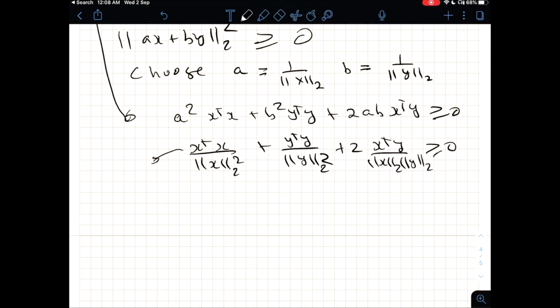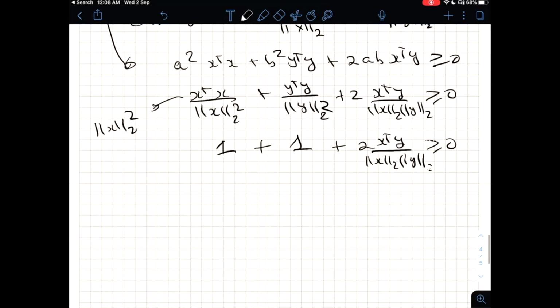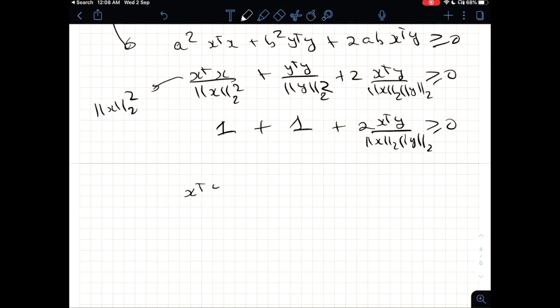Now what is this numerator here? This is nothing but square of the length of x. So what becomes of this term? First term 1. Similarly, the second term is 1, plus 2 x transpose y by length of x times length of y, greater than or equal to 0. Or in other words, x transpose y by length of x times length of y, 2 and 2 will cancel out, so this will become greater than or equal to minus 1.